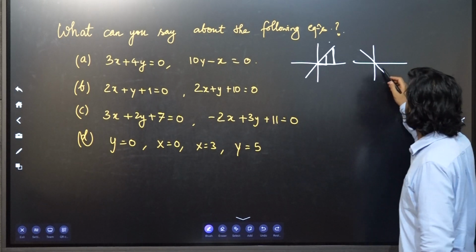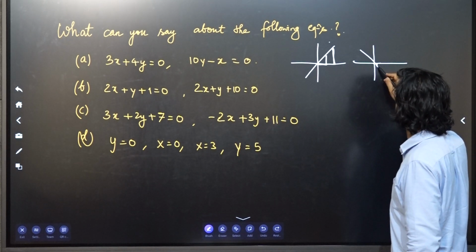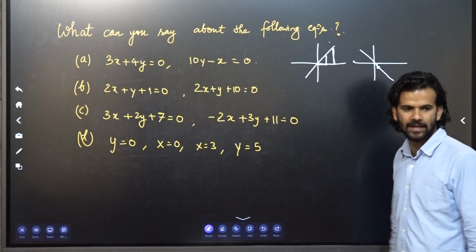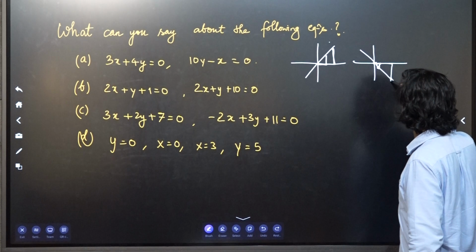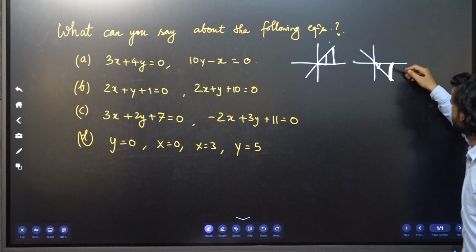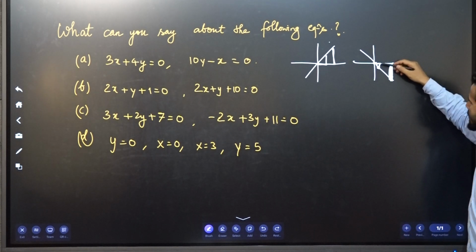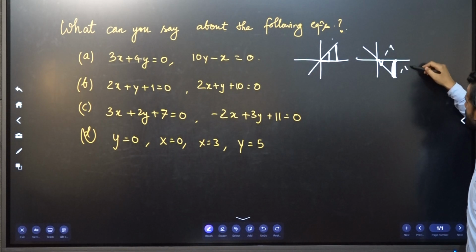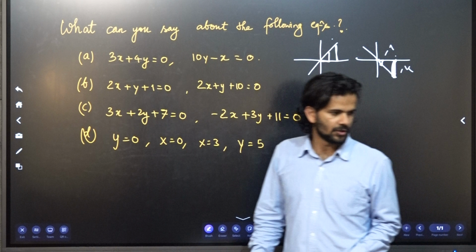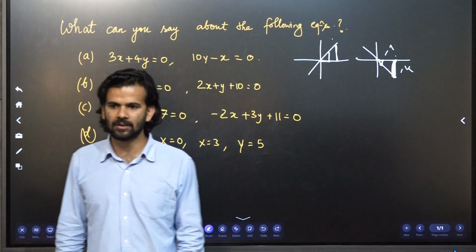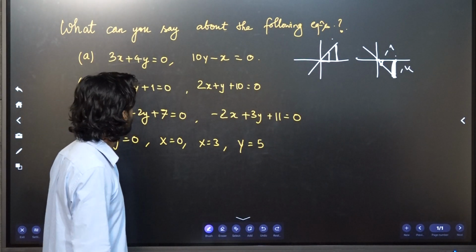Because if you move along x, here y is this much. If you move here, y is this much. Y is decreasing, right? Here, minus 1, let's say. Here, probably minus 4. It's decreasing. So you see, you can find so many things just by having a look. That's what I want you to say.